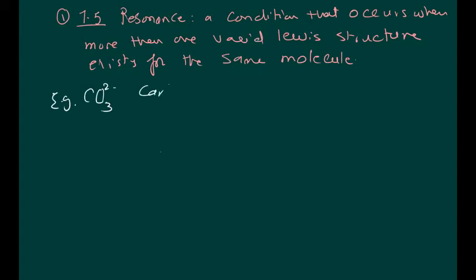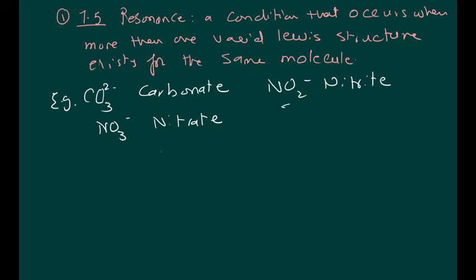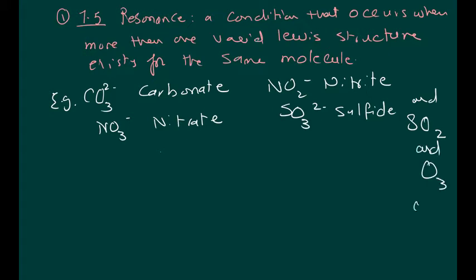We call this carbonate, NO3, nitrate, NO2, nitrite, SO3, sulfite, and SO2 and O3. O3 is ozone, SO2 is sulfur dioxide.